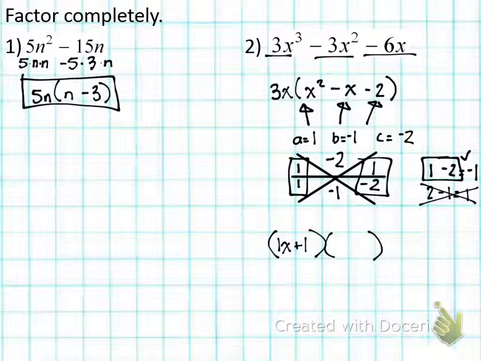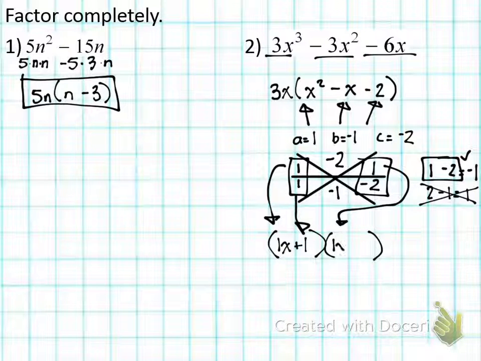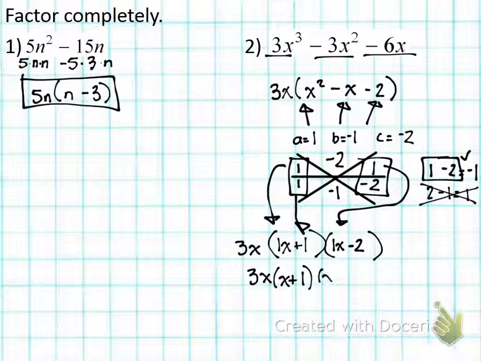So I just copied this one here and this one here. Then we have positive 1x minus 2. And then I want to copy down the coefficient of 3x, or the original GCF. So it's going to be 3x times x plus 1 times x minus 2. Answer for number 2.